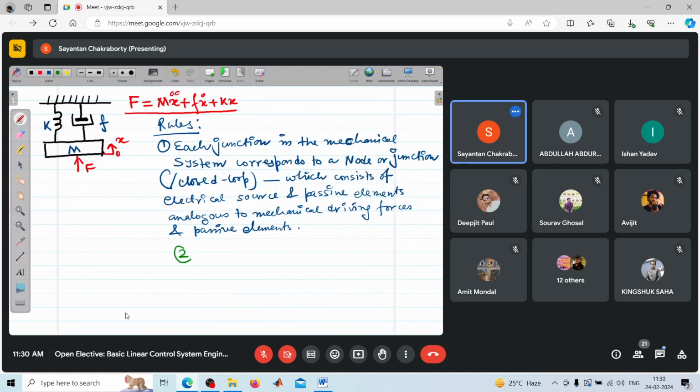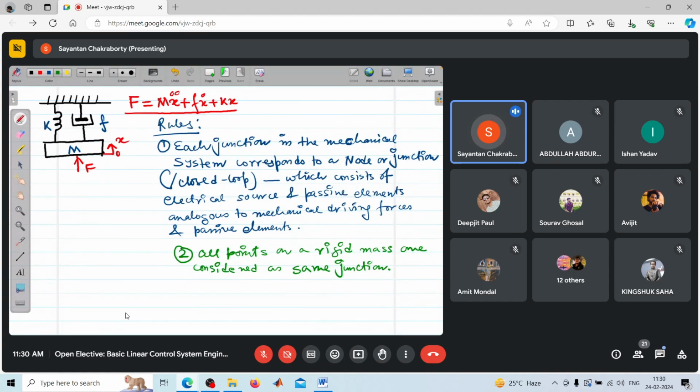Next rule: all points on a rigid mass are considered as the same junction.